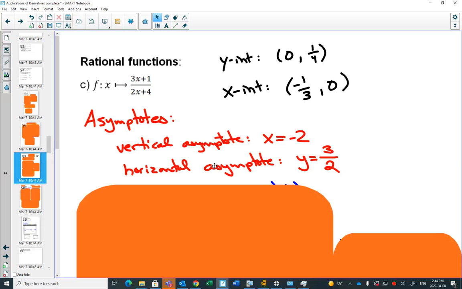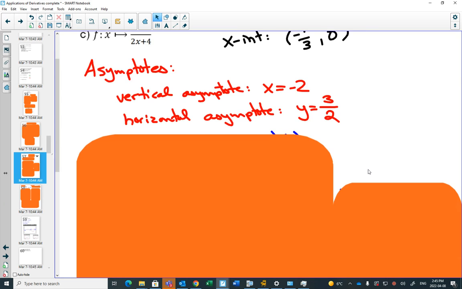Your horizontal asymptote, what happens when x goes to infinity? Can you see that the same power on the top and the bottom, the limit would be 3 over 2? That's right.